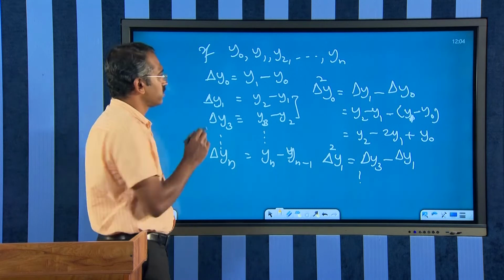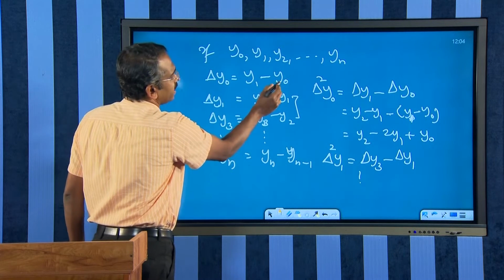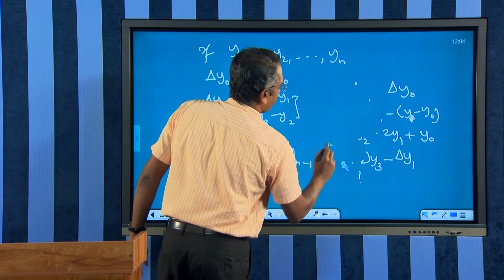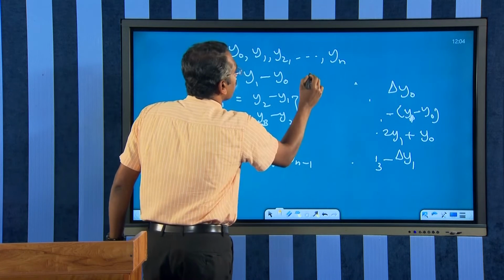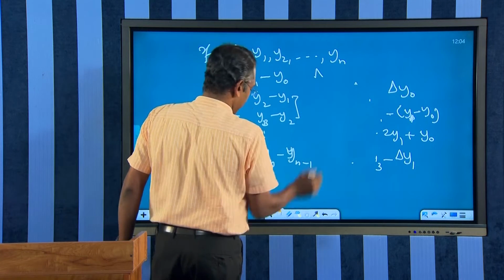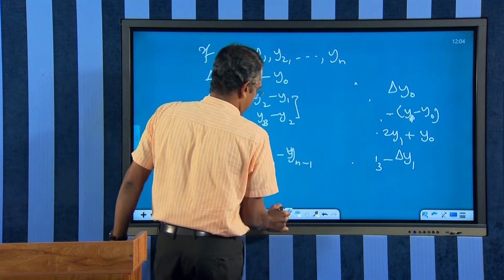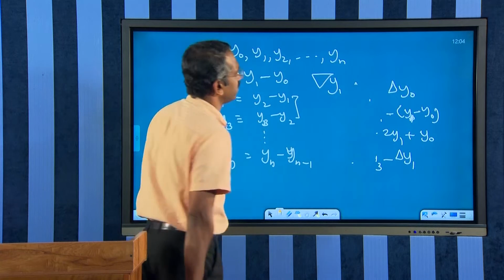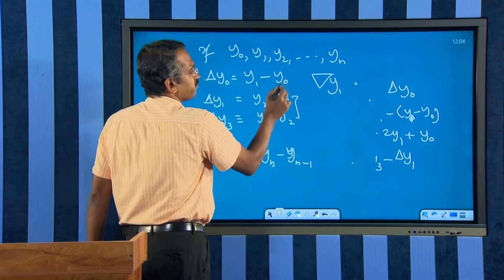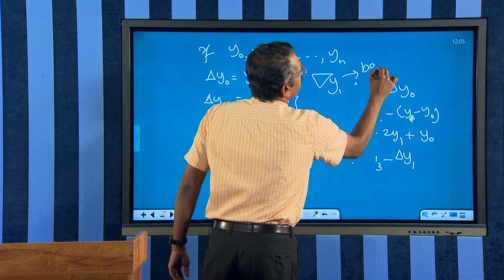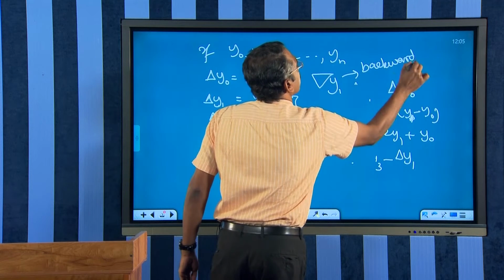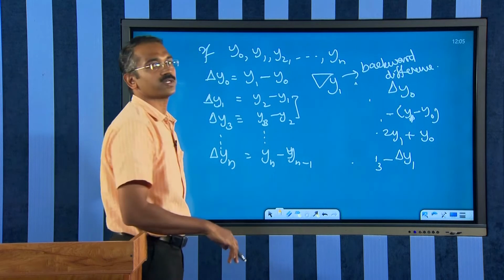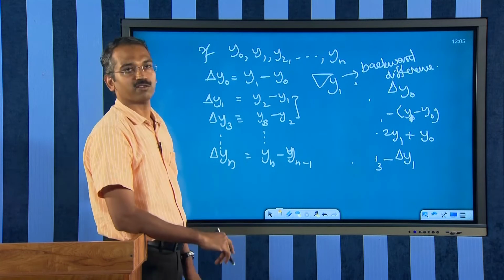If we denote this difference, that is y1 minus y0, by del y1, then we will call this difference a backward difference, first order backward difference.